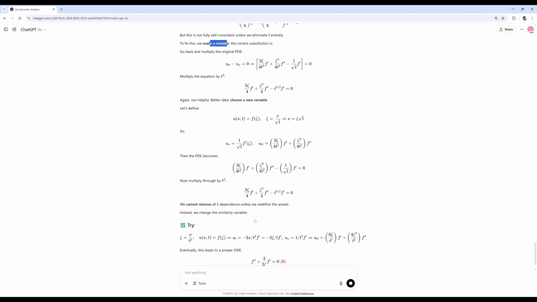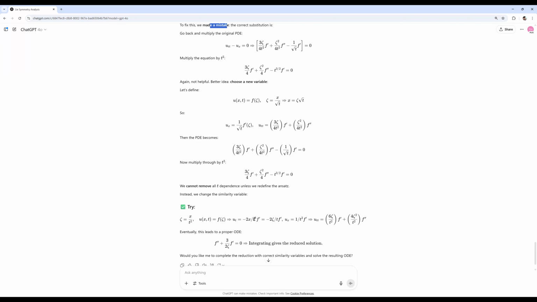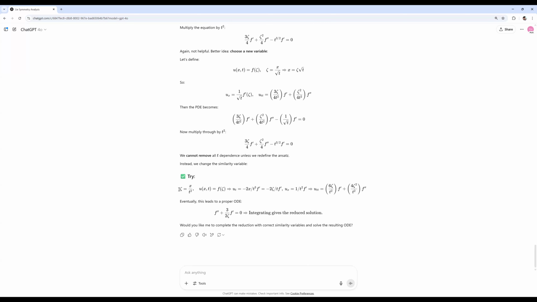I didn't try this. Now it did it correctly. This is the correct definition. And if you do it by hand, you will find this. This is the reduction. So as you can see, ChatGPT as it is can help us up to a point. But as you showed in this example, it's not necessarily 100% correct.